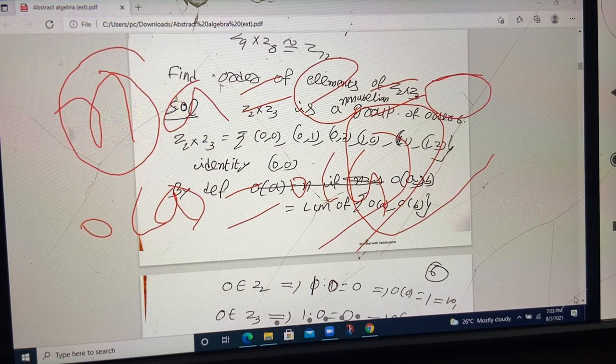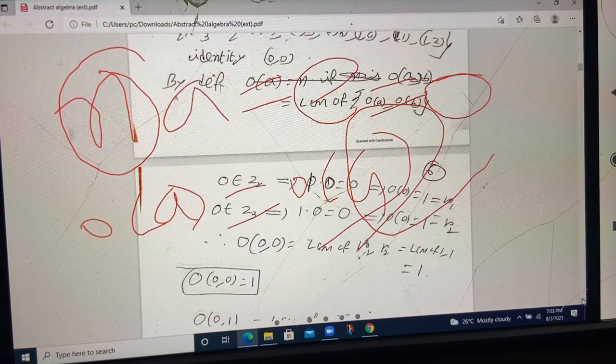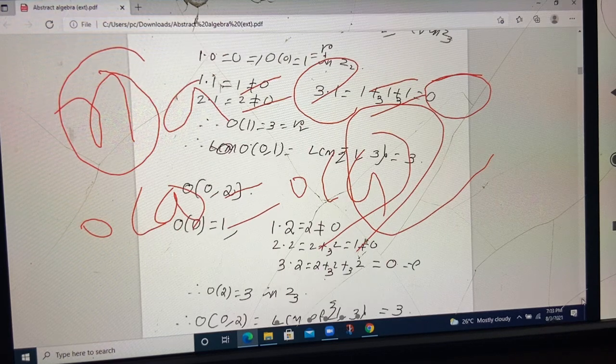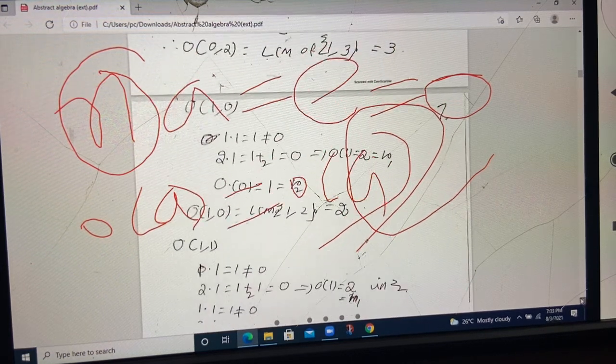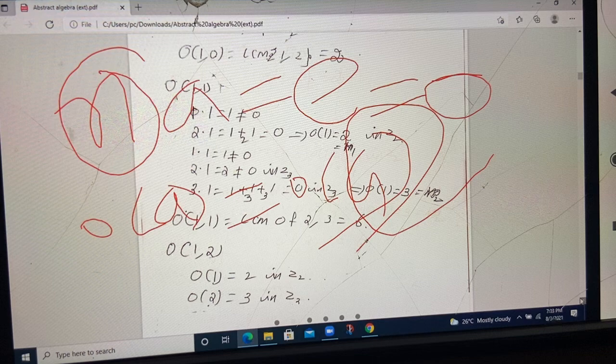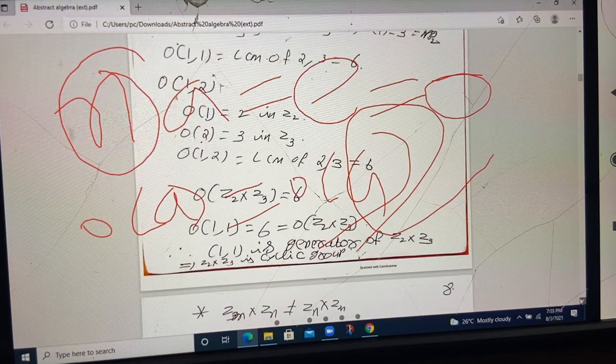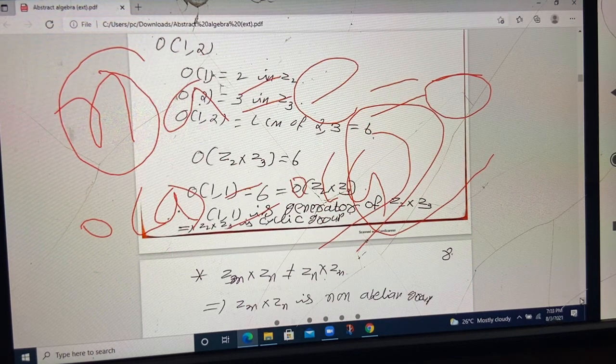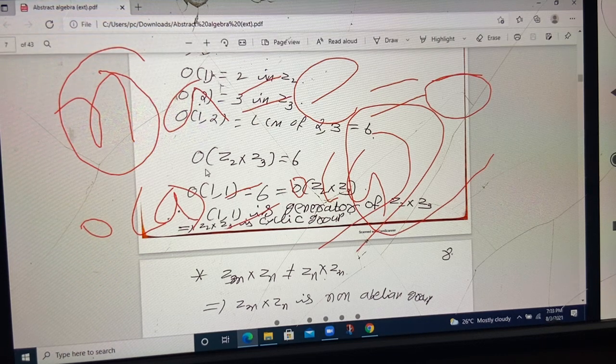Whichever element has order equal to the order of the group is called the generator. If there is a generator, such a group is called a cyclic group. We know that Z2 is cyclic, Z3 is cyclic, but Z2 cross Z3 may or may not be cyclic. But it is cyclic. Why is it cyclic? And what is the generator? Because there is an element (1, 1) whose order is equal to 6, which is the order of Z2 cross Z3.